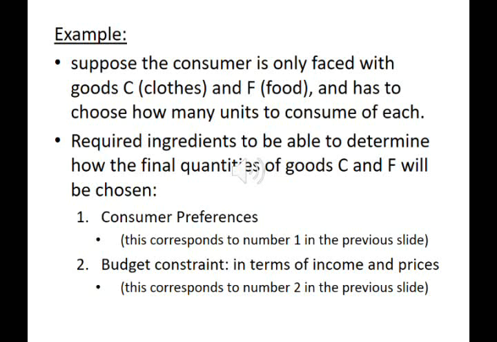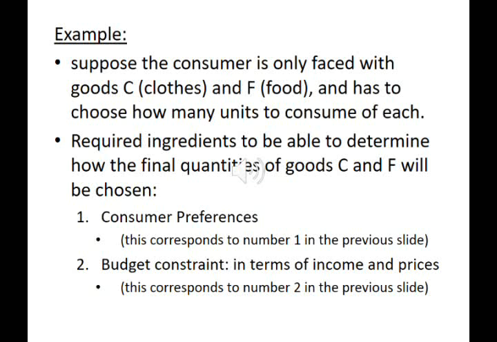So the required ingredients to be able to determine how the final amounts of goods C and F will be chosen are the following. The first ingredient is we need to know the preferences of our consumer. Okay, this corresponds to number 1 in the previous slide, which is that our consumer has unlimited needs.